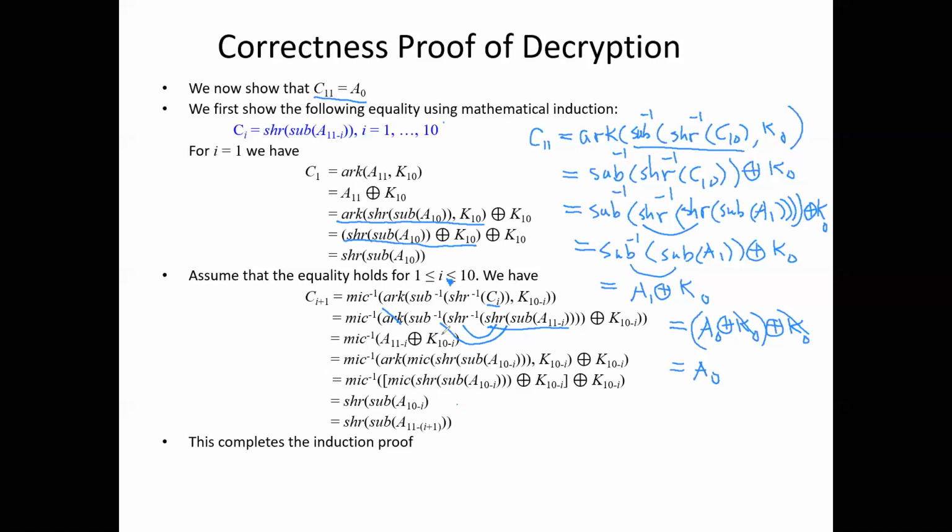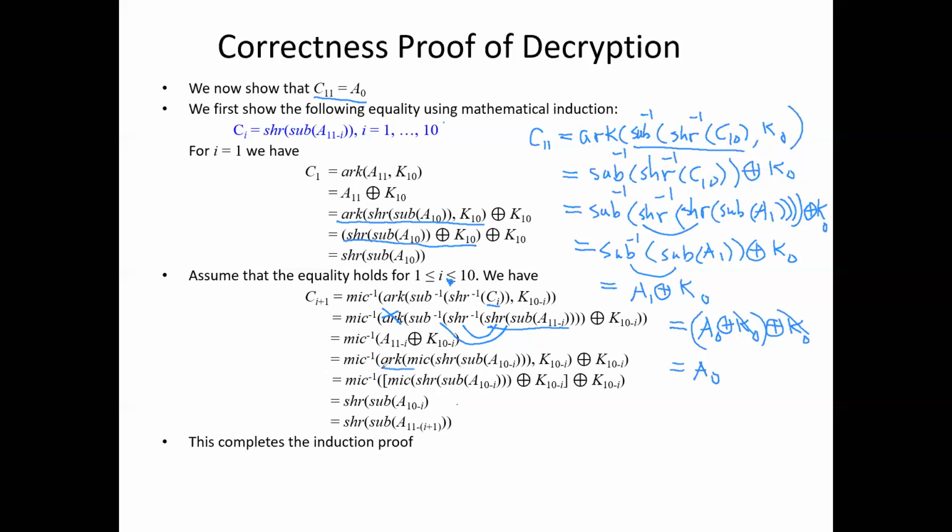So that makes inverse of A sub 11 minus I exclusive or K sub 10 minus I. Now we are going to replace A sub 11 minus I from the encryption.